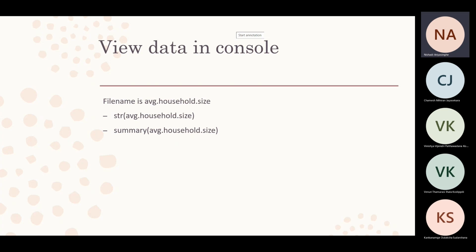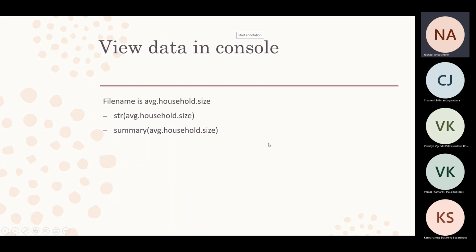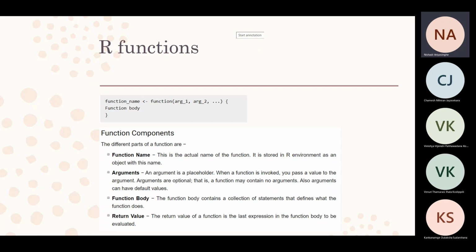So that is the return value. The summary of each and every column is the return value, right? So that is the basic structure of a function.